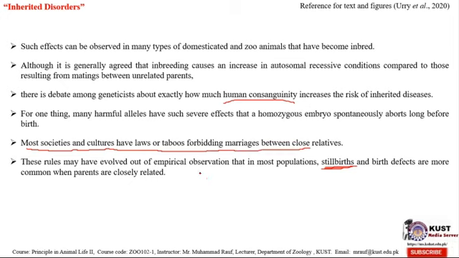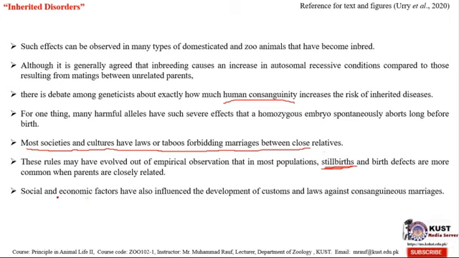It is because of the incidence of such cases which resulted in the forbidding of close relative marriages. Social and economic factors have also influenced the development of customs and laws against consanguineous marriages.